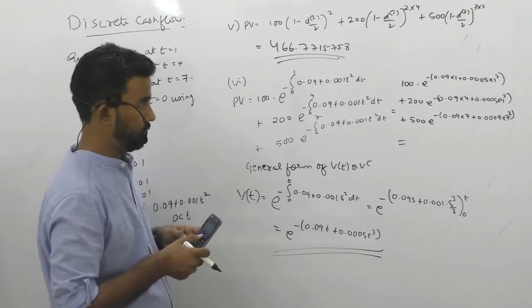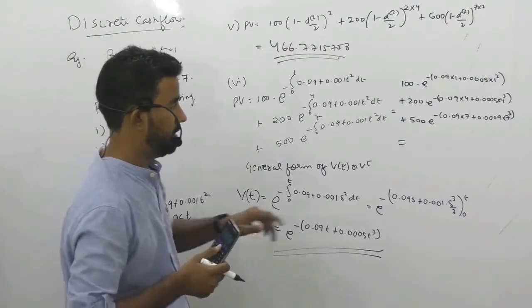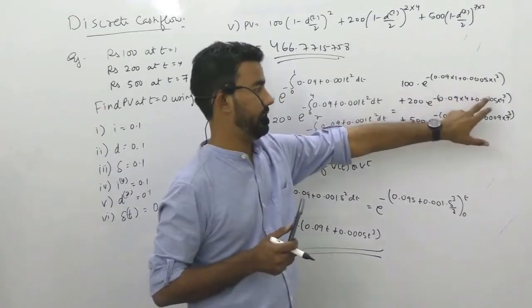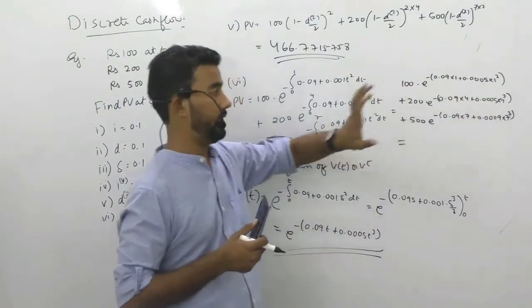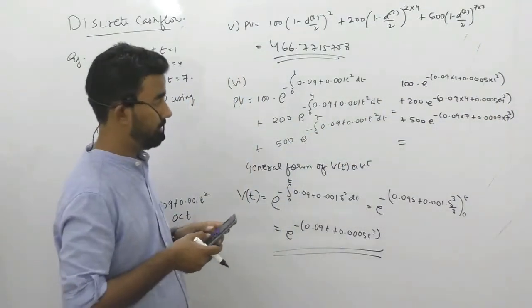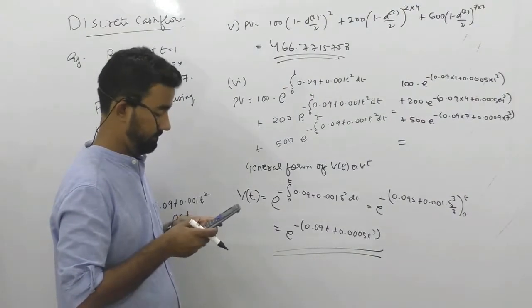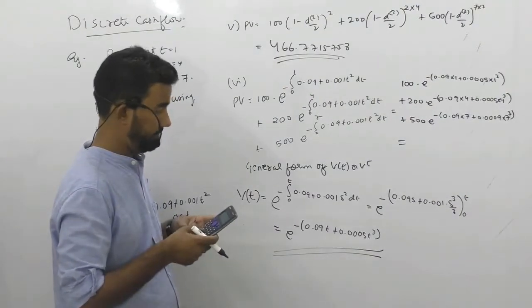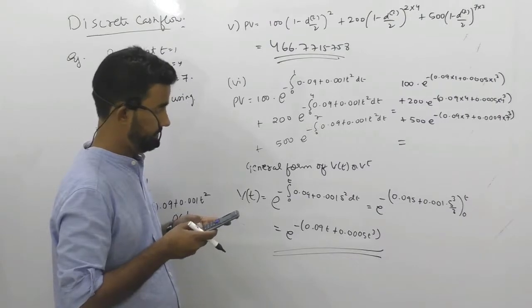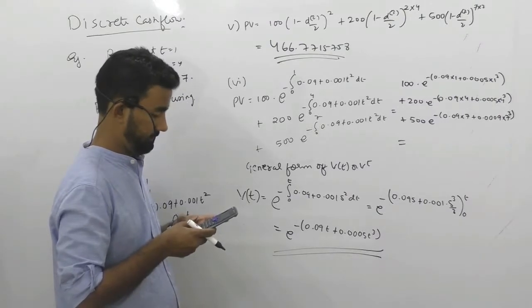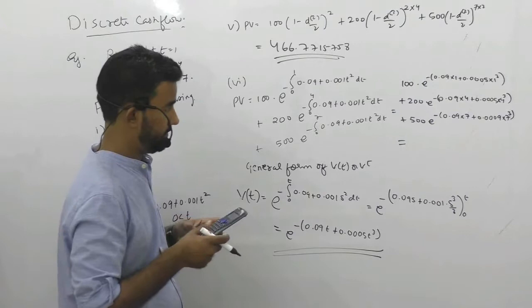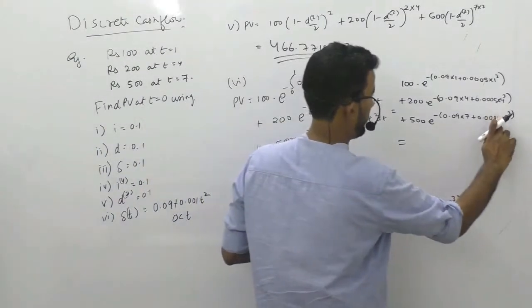Be very careful to put 3 zeros, because sometimes it's very common that we miss a 0 while putting things in the calculator and the answer comes wrong. That is a very common error that we have seen. This should be 0.005.